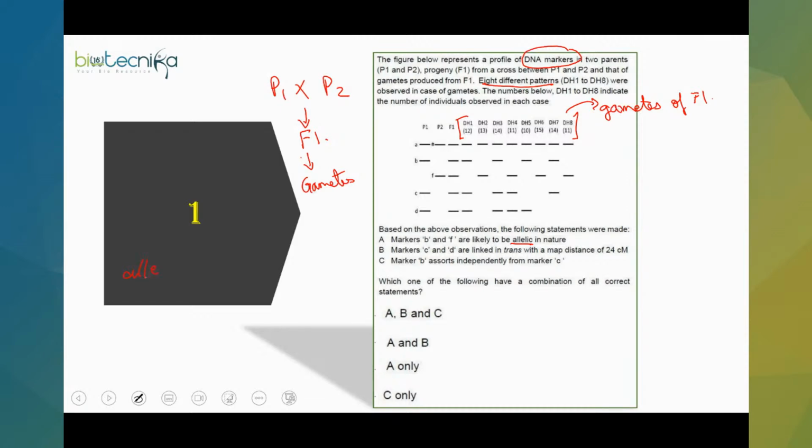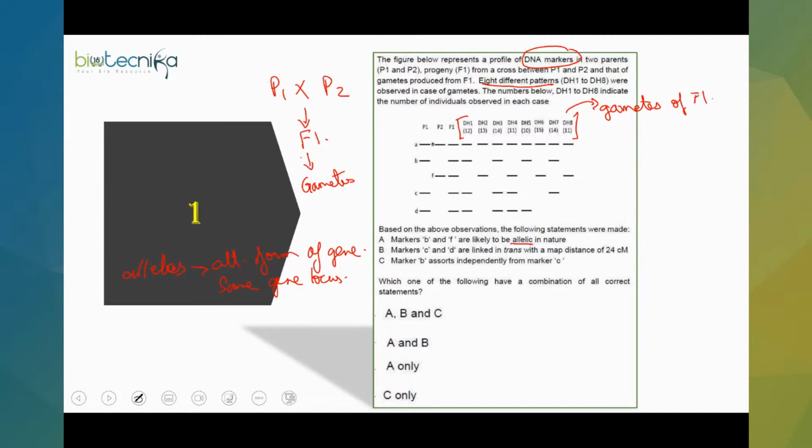And one more thing, what did Mendel find out about the alleles? He said that at the time of gamete formation, the alleles will segregate from each other. Remember the second law, the law of segregation.